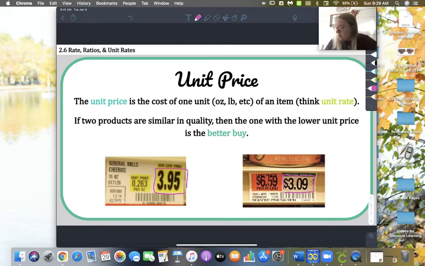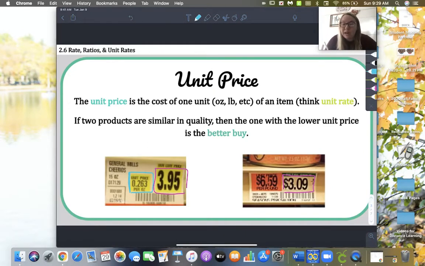But what's really important is actually the number to the left. If you notice here, it says unit price, and this one is by ounce. So you are paying 26 cents almost. There's a 3, but we don't have a third of a penny. You're roughly paying 0.263 of a dollar per every ounce of cereal you're getting in that box.